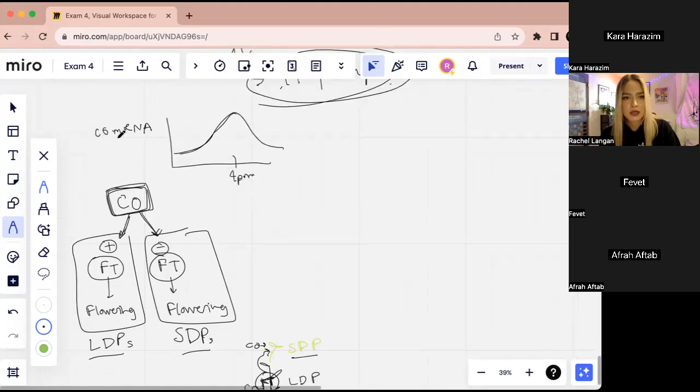In order for the CO protein to be made from this mRNA, you have to get the coincidence of red light.